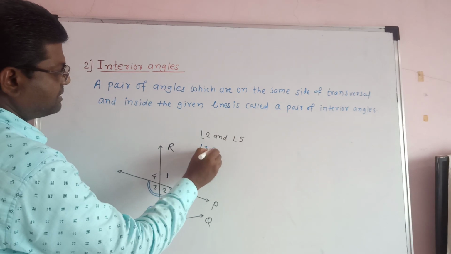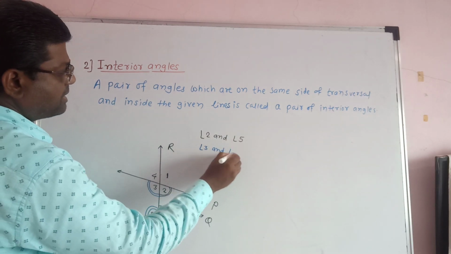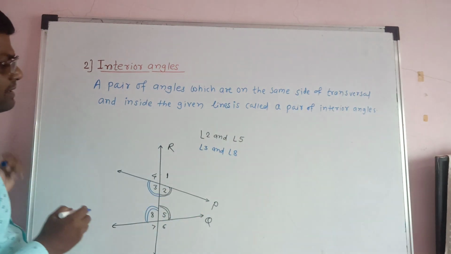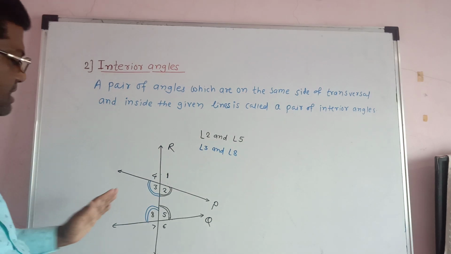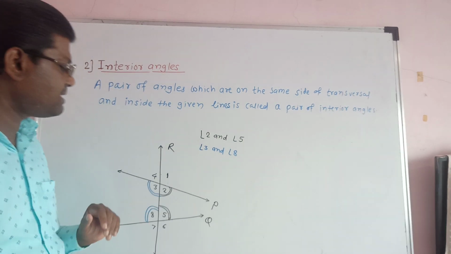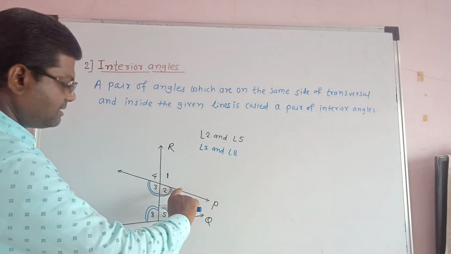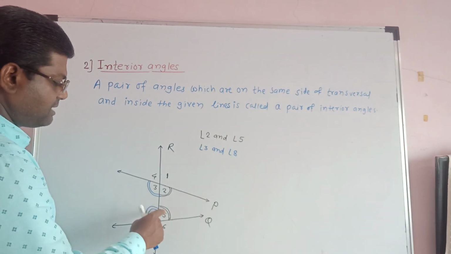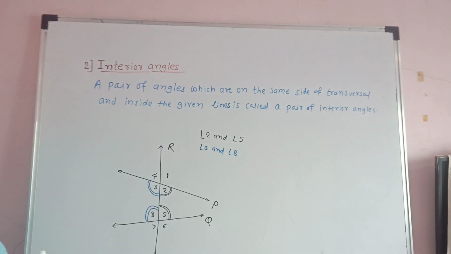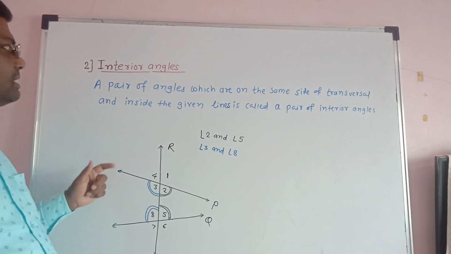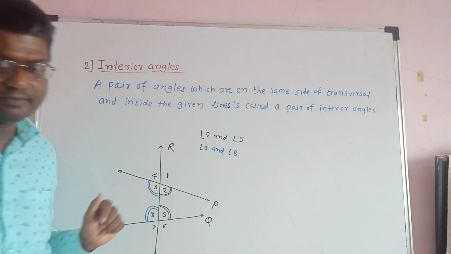Therefore, angle 3 and angle 8 are interior angles. So the angles which are on the same side of the transversal and inside the given lines are called a pair of interior angles.